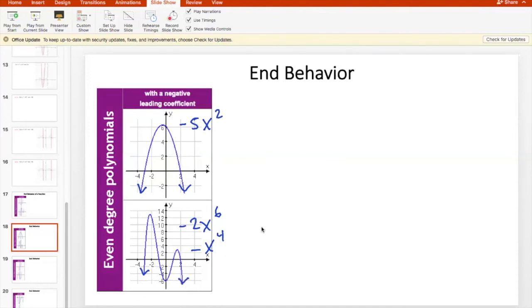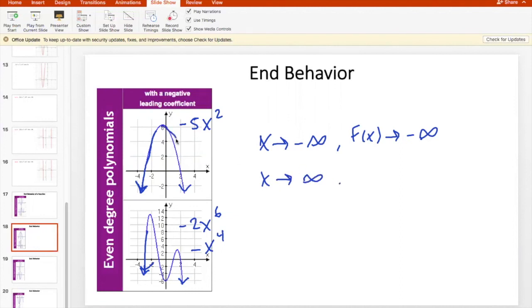You'll notice that these point down from the left of the domain all the way to the right, they end down. So it will say as the following: as x approaches negative infinity, which means you go towards the left, they go down forever, which means that the function values f of x approach negative infinity, they're going down forever. Also, as x approaches positive infinity, means you're moving to the right in the domain.